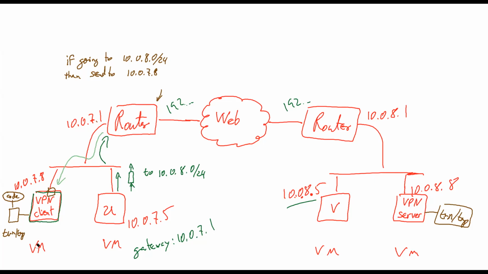So I'm going to have to erase these from the VMware. Okay, so now it's going to say, well, I need a routing rule. And what's the routing rule? Because I just got this packet, I need to know what to do with it. So I need to have a routing rule for it. And I'm going to say, if going to 10.0.8.0/24, that's exactly where this one wanted to go.